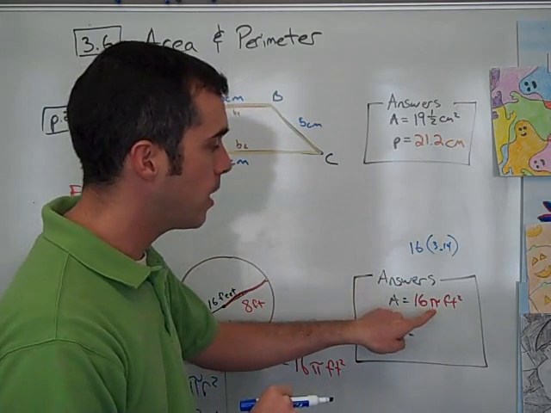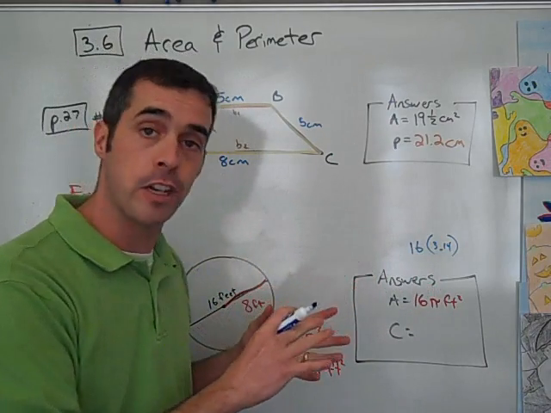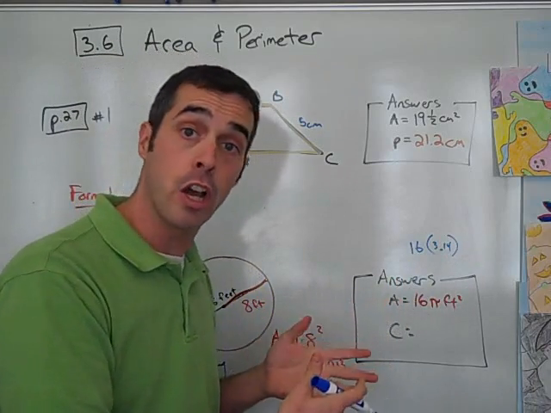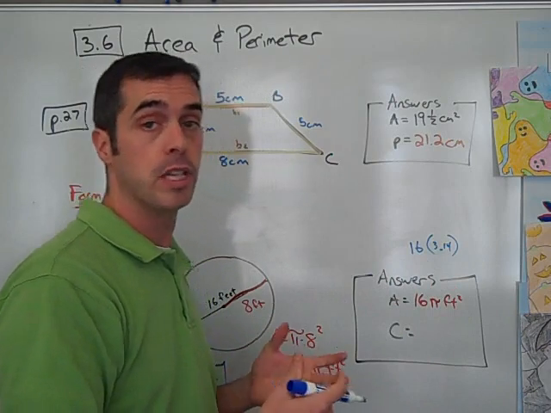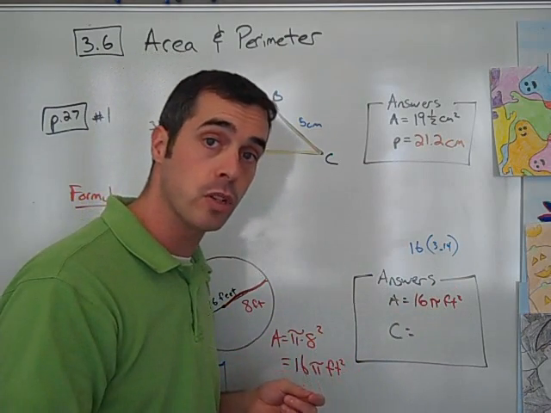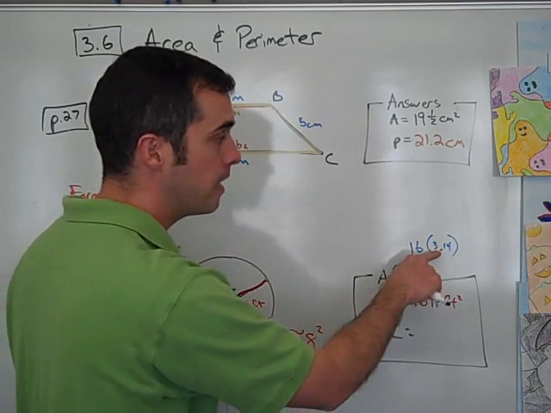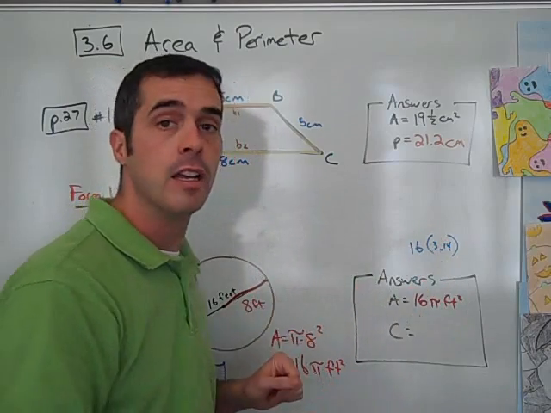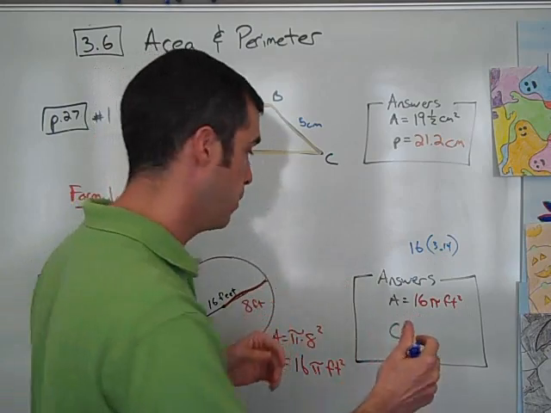But anytime we take pi and use 3.14, we've now ruined the perfection of our answer. This is now an approximation that we would round to the nearest hundredths place, perhaps, because pi was rounded to the nearest hundredths place. Please recall, pi is an irrational number, which means it has a non-terminating, non-repeating decimal. It's 3.14159 26, blah, blah, blah, and it never stops and it never forms a pattern. It's a non-terminating, non-repeating decimal.